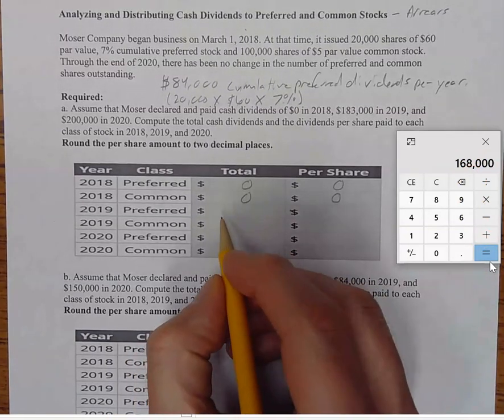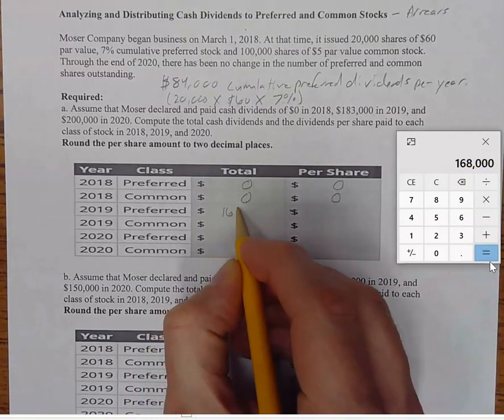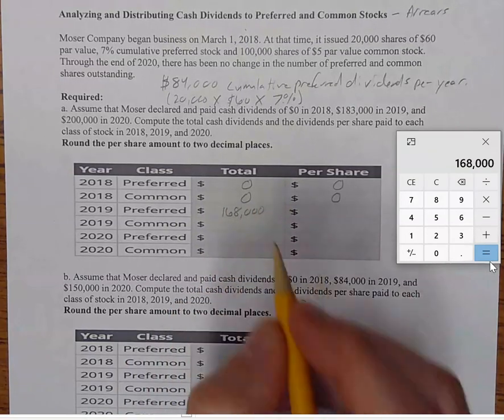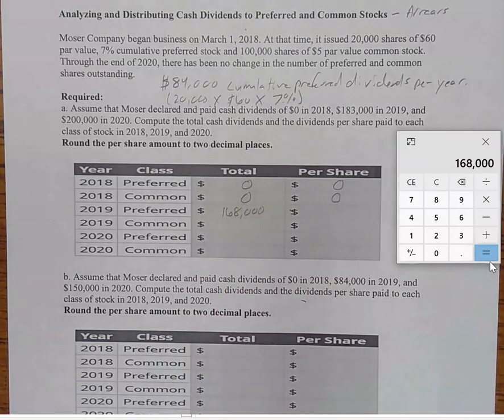So we can plot that figure right here. If this was just regular preferred stock, the answer would simply be $84,000, because the corporation wouldn't owe anything for the year 2018.